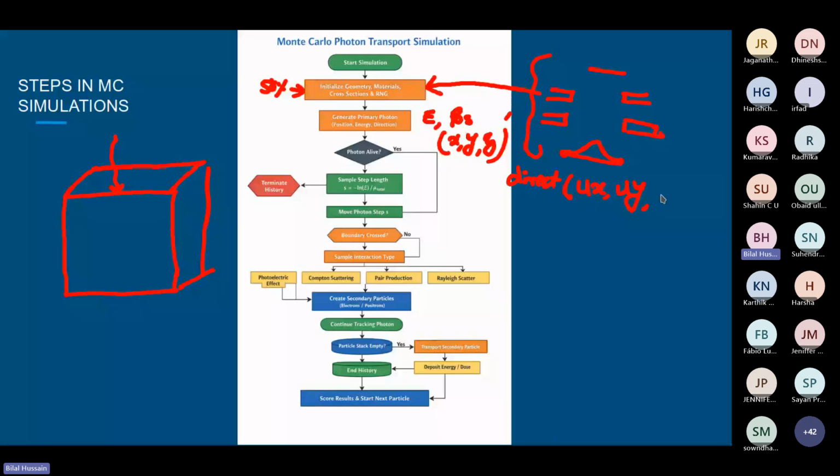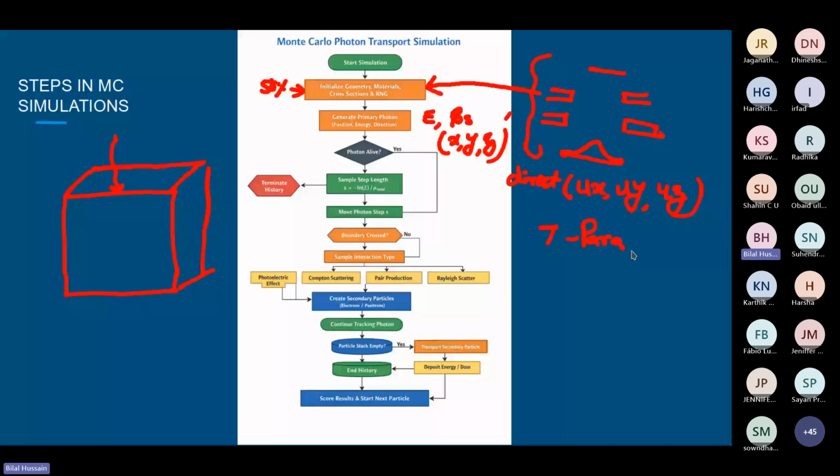So every photon has to have this information available: energy, position given by 3 coordinates, and direction given by 3 cosines, ux, uy, uz. So every photon contains 7 parameters. At any point of time, within the phantom or anywhere, it should have these 7 parameters.